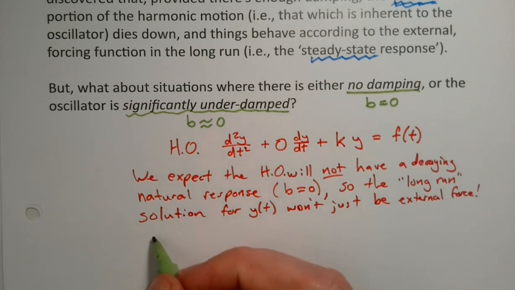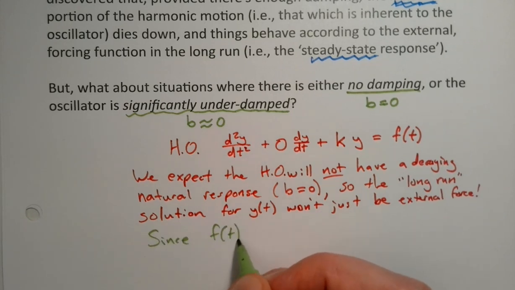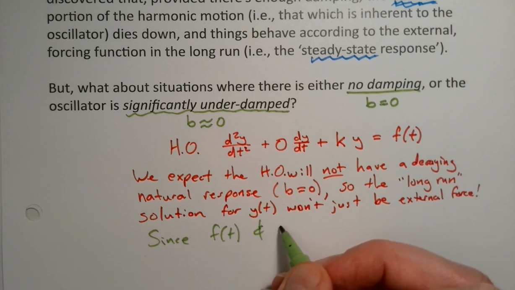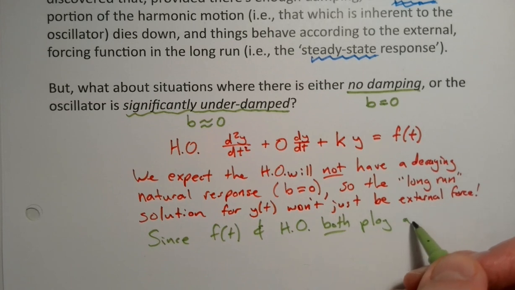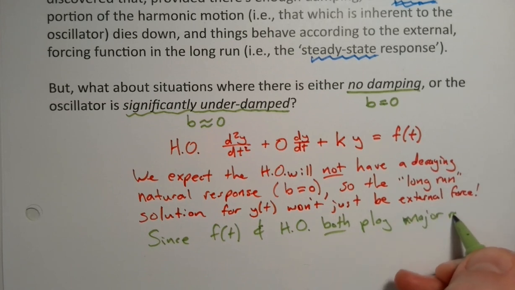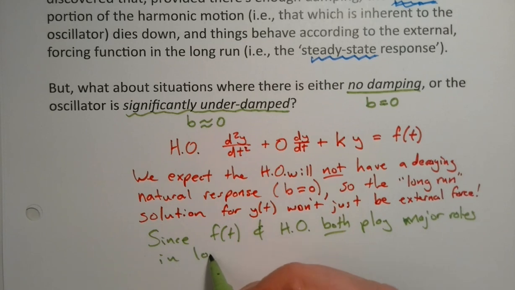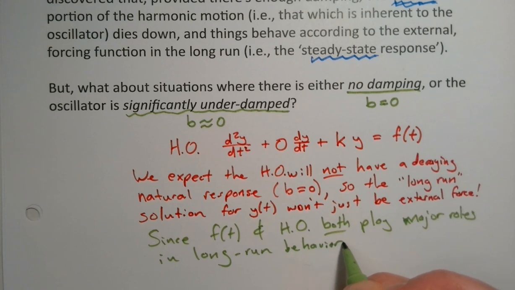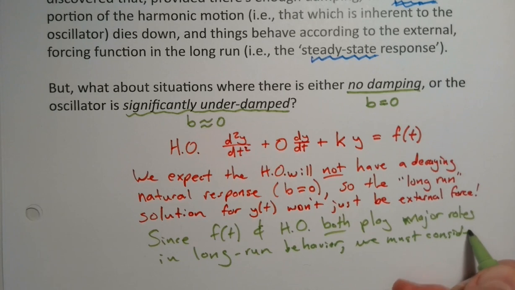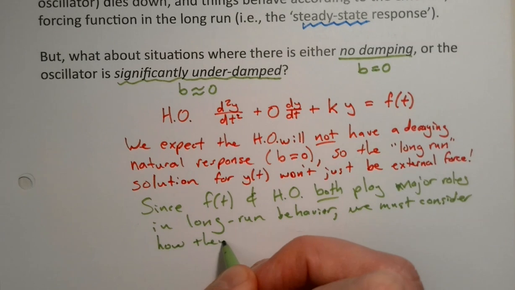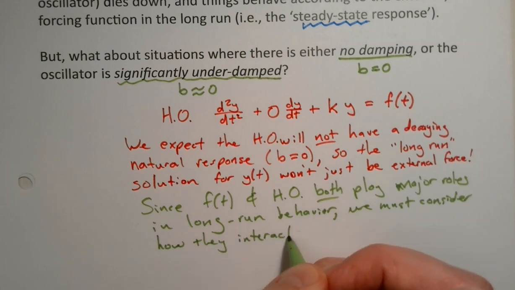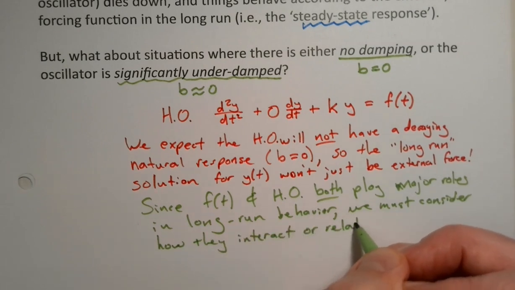And so we can say, since the forcing function and the harmonic oscillator both play major roles in the long term behavior, we must consider how they interact, or relate to each other.